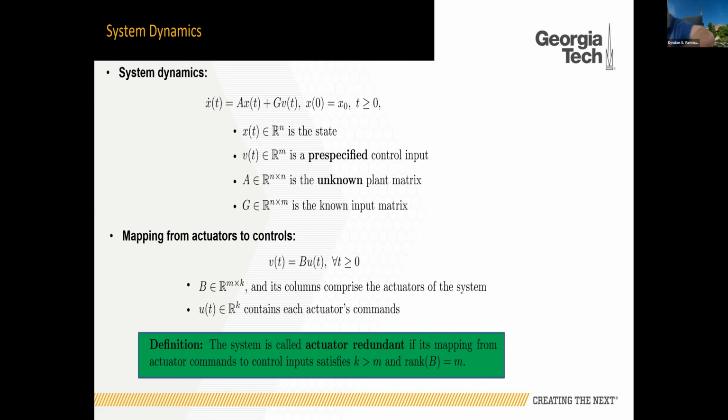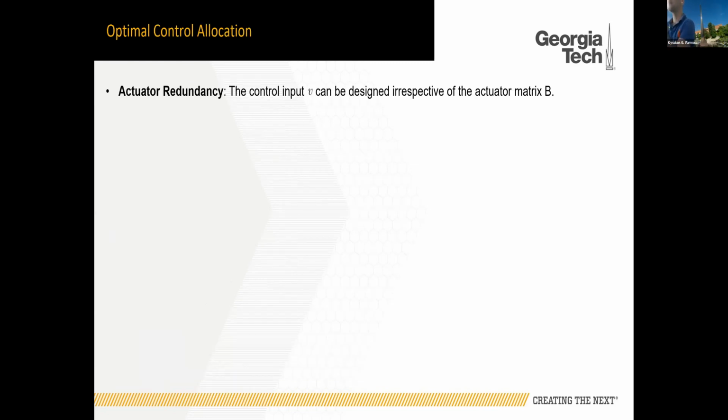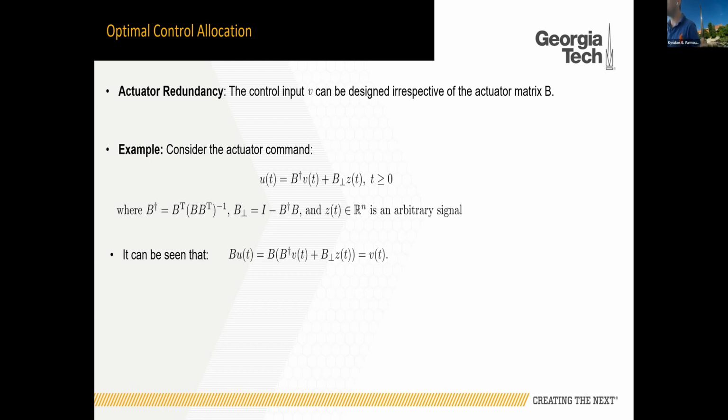Some conditions to make it work. Regarding actuator redundancy, the control input V can be designed irrespective of the actuator matrix B. Let's see why this can happen. All these things seem easy, but there are some things we have to consider.